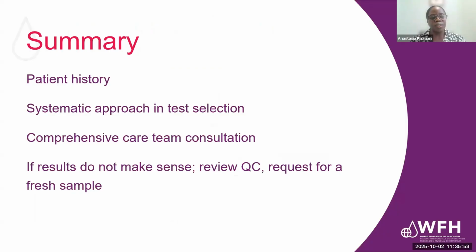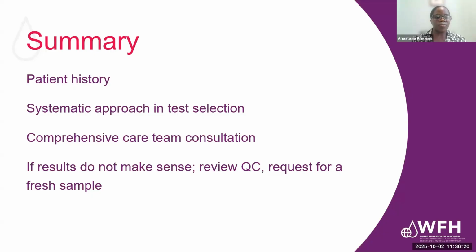So in summary, when you're assessing a patient with a coagulation disorder, getting a clear patient history is important. And then a systematic approach in test selection is key so that you do not run tests that are not necessary for that particular patient. And then a comprehensive care team consultation is key and it's recommended.